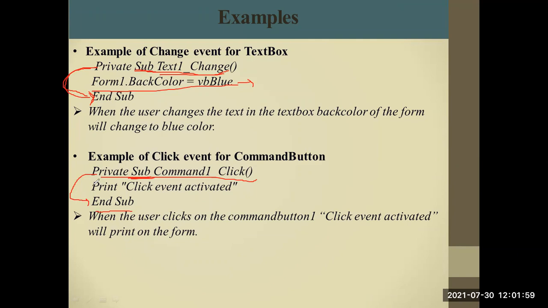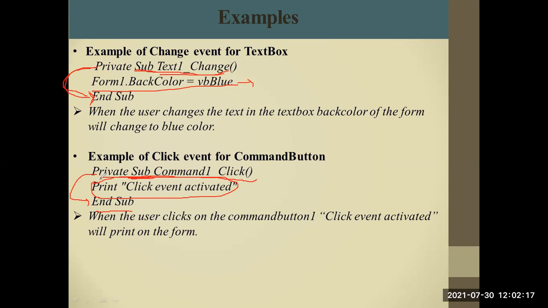So whenever you click, it will display a message that the click event is activated. Whenever the user clicks on command button one, what will happen? The click event is activated and the message will be printed on the form.